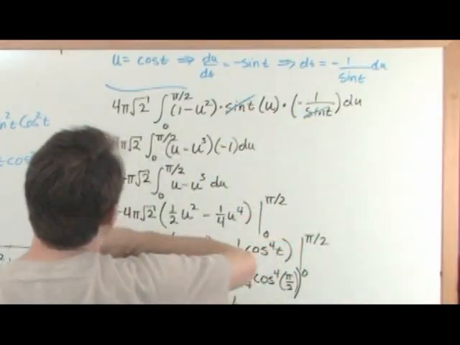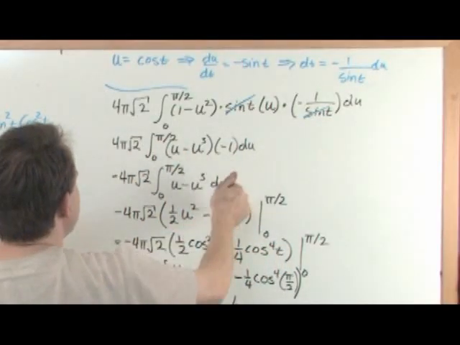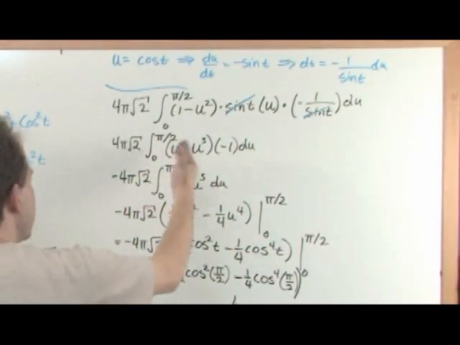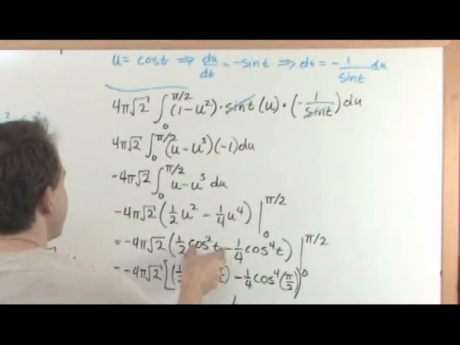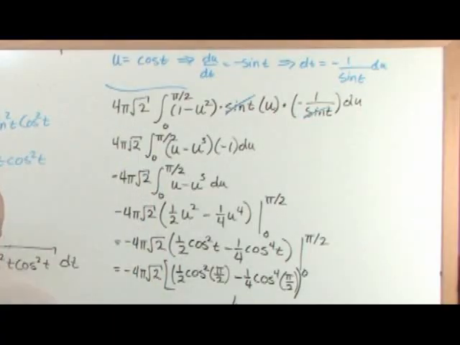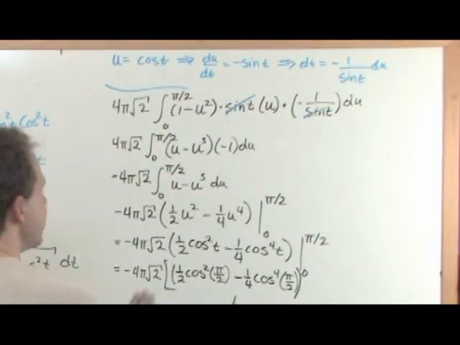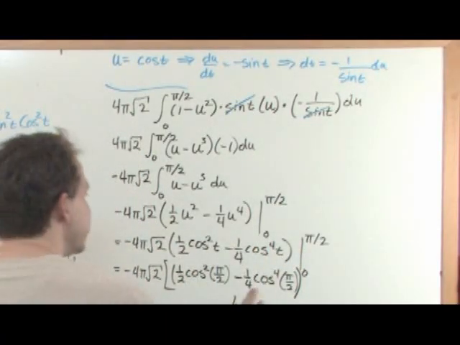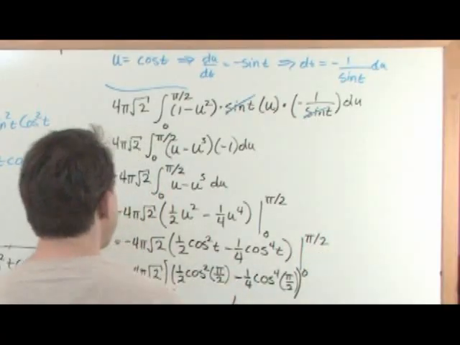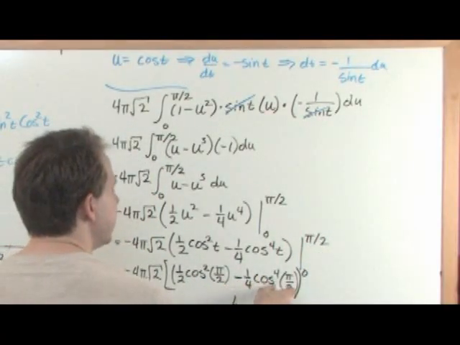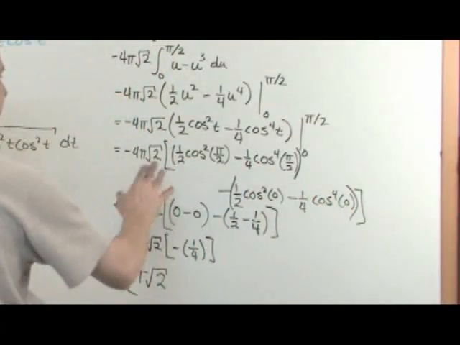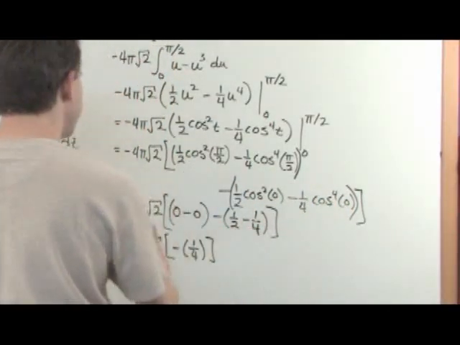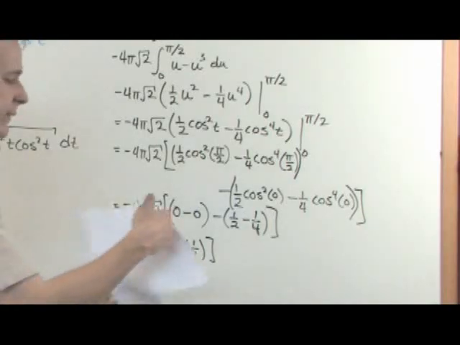That gives me my nice cancellation. I have a nice integral in terms of u. It's just a polynomial integral, and then it's just tedious. You have to do the integration, make sure you get the right answers, plug what you know back in that you had defined for u, and then when you finally get this expression, you just have to be really careful evaluating from 0 to pi. Plug in pi in both places, subtract off, plugging in 0 in both places, and just evaluate everything methodically, keeping all of your signs straight, and you get pi times the square root of 2.